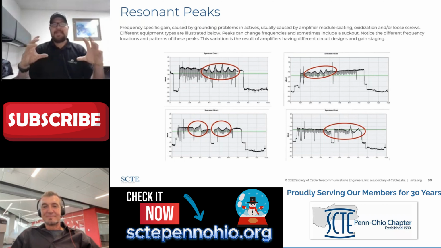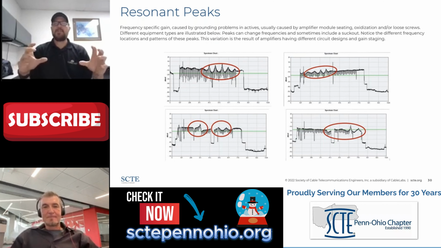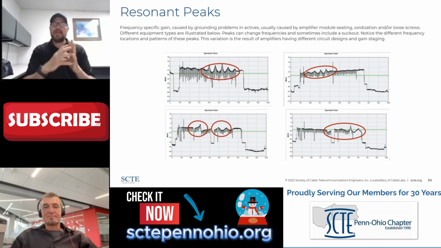And you also know that inside of the amplifier, the module retainer screws do have torque specifications so that the module is firmly seated in the housing and is properly tightened, and then the housing is properly tightened.